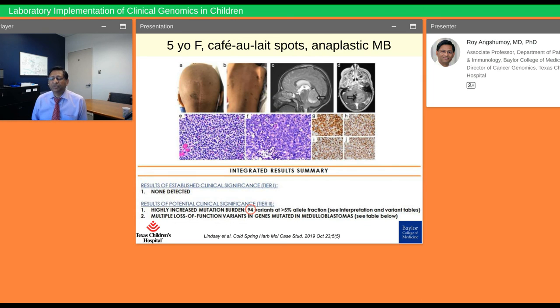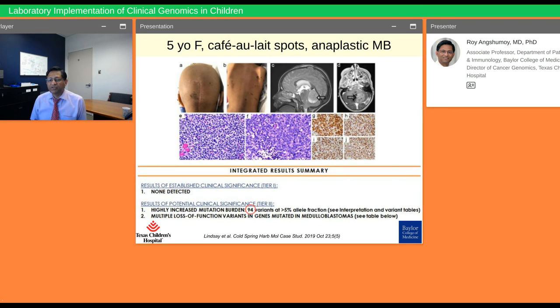And in a patient with so many café au lait spots, a typical clinical impression is potentially of neurofibromatosis or neurofibroma. But because of the presence of multiple of these, and the patient presented with a large tumor, which is seen in C and D in the brain or in the skull, the concern is always for a constitutional mismatch repair deficiency syndrome, in which you have biallelic or 2 copies of your mismatch repair genes mutated in the germline, or the patient has inherited these 2 mutations.